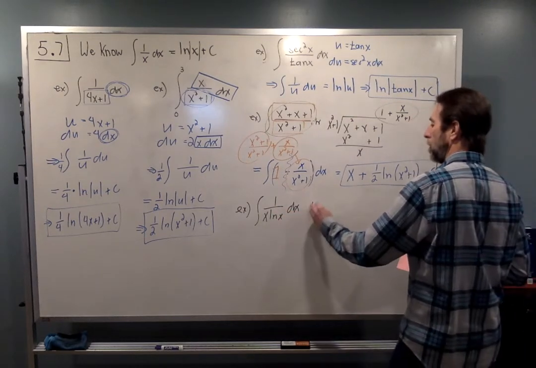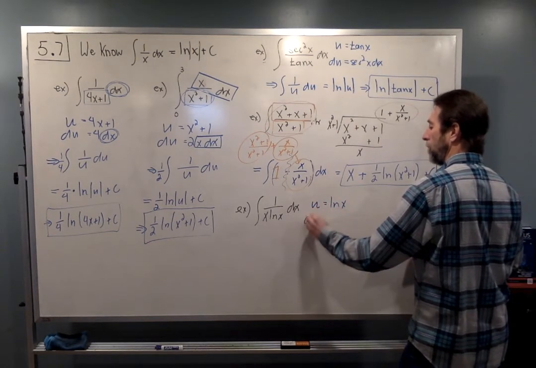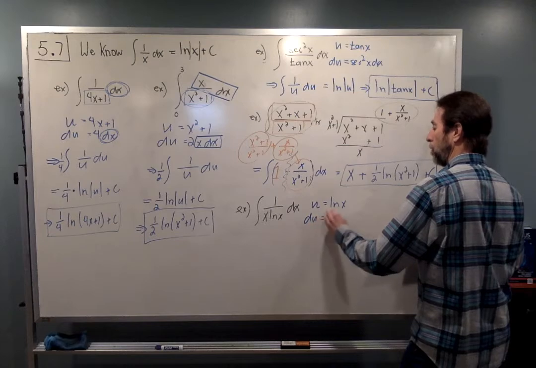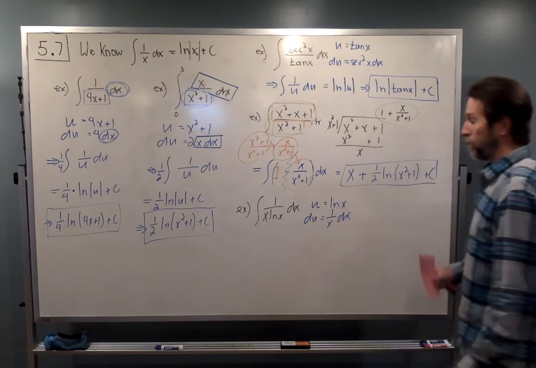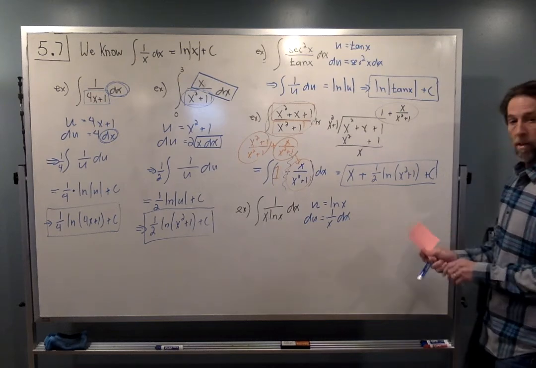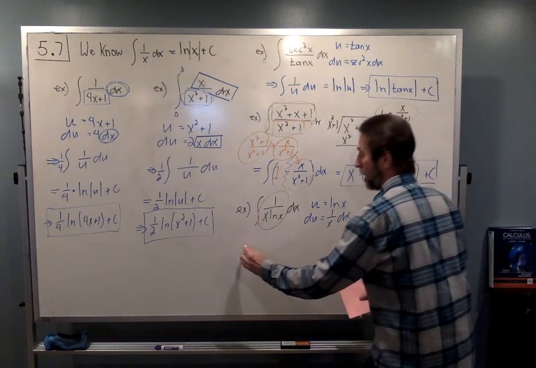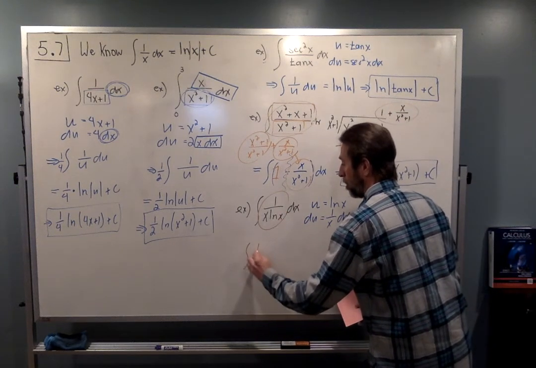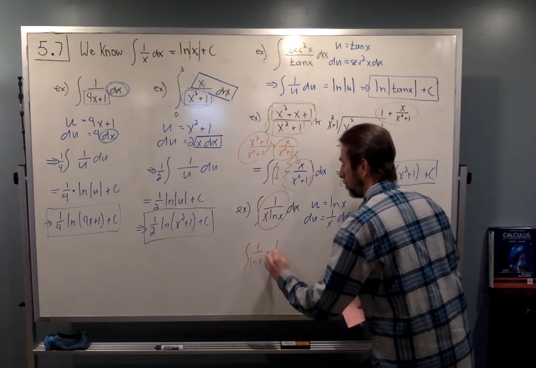So if u would equal log x, the derivative, or du, would be 1 over x times log x dx. And it turns out that's exactly what we have. Because if I want to kind of rewrite this, I could write that as 1 over log x times 1 over x.